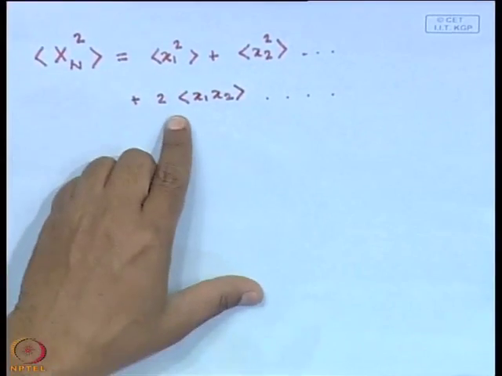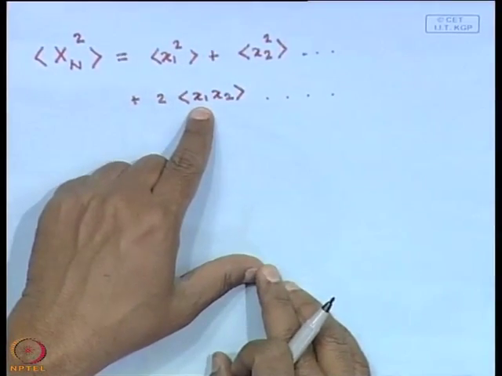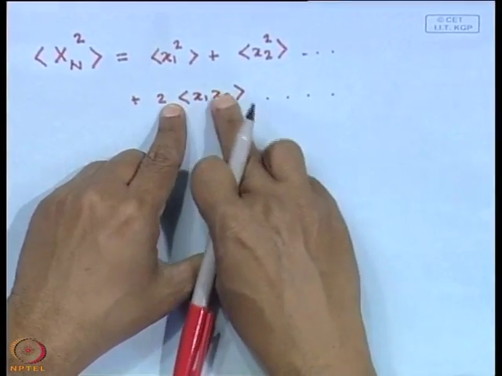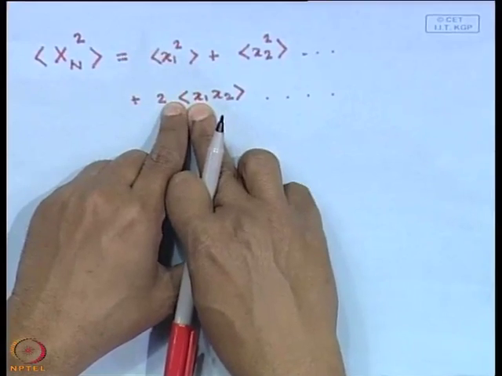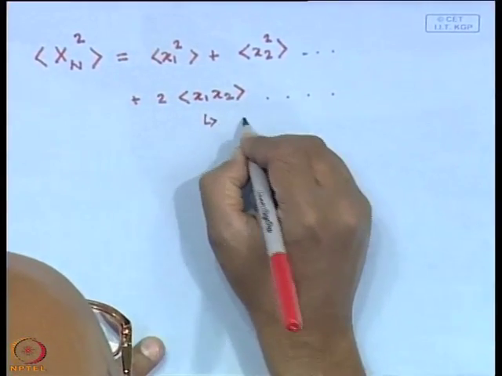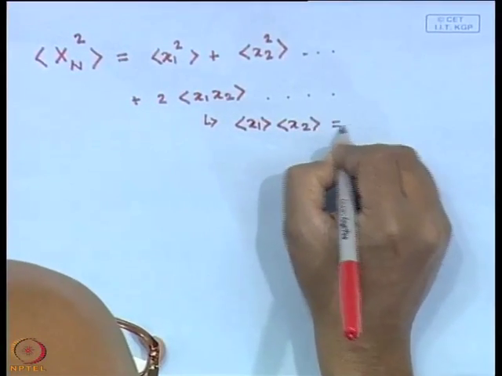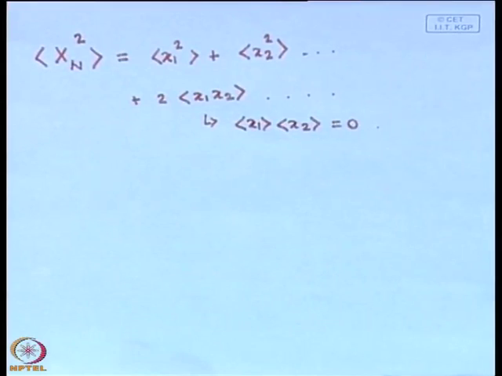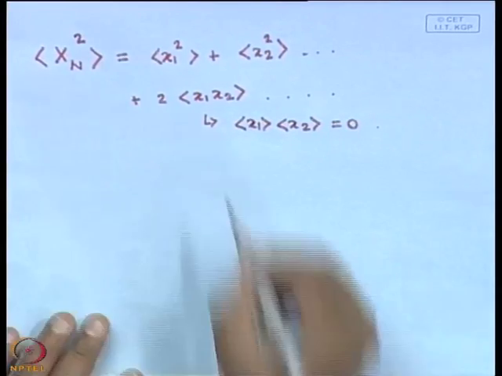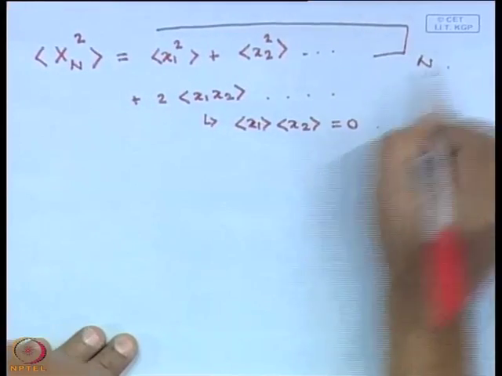Now, we know that if you have two random variables which are independent, then the mean value of the product is the product of the mean values. So, this term is essentially the same as x1 x2 and it is 0. So, it is only these n terms over here which contribute, there are n such terms.